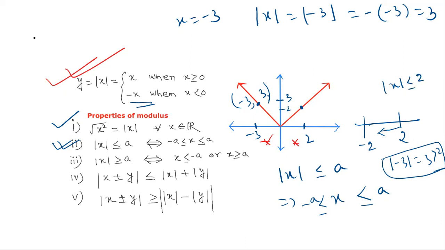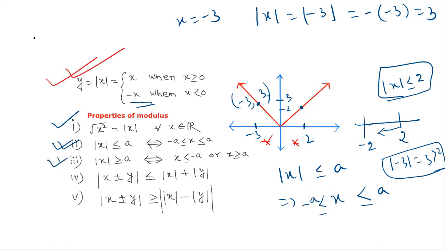So you cannot take less than -2 in mod x, because mod of any negative number will become positive. This is the reason you take the value of x in between -a and a.